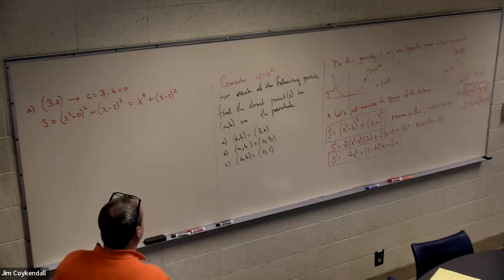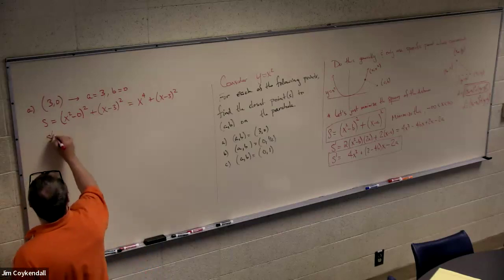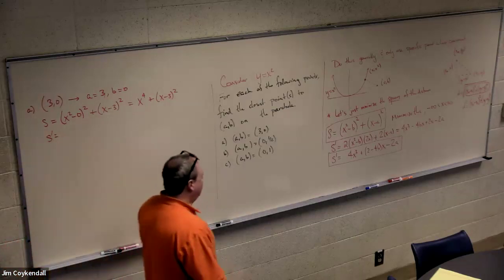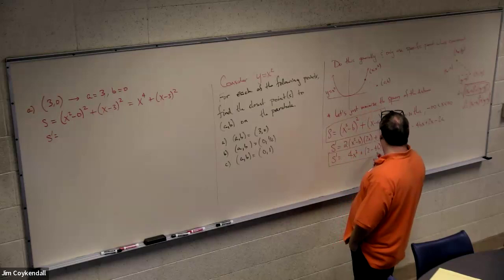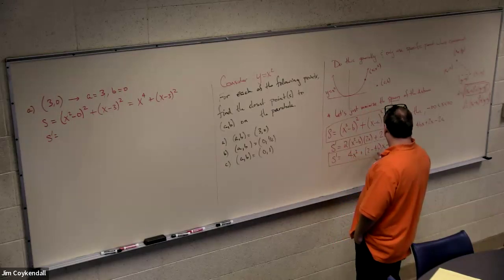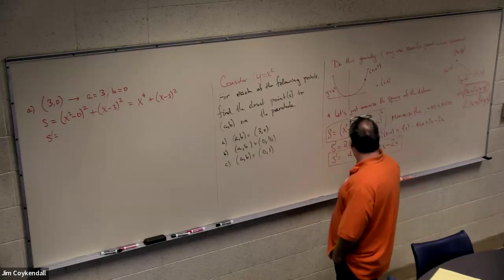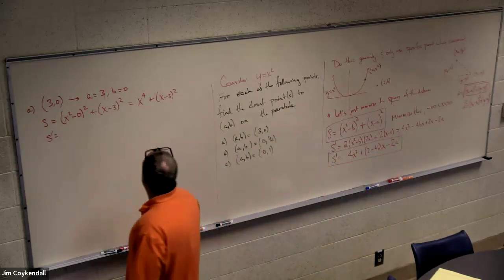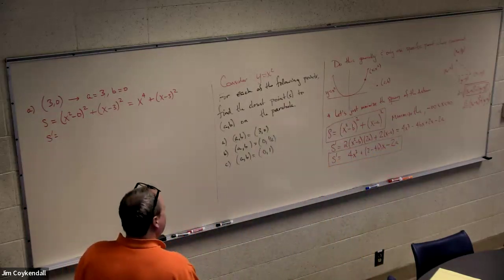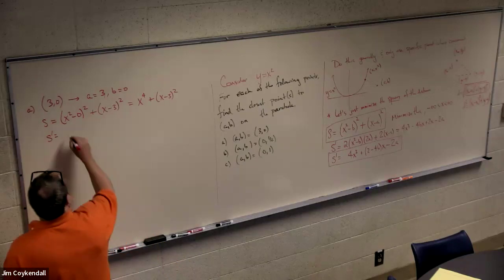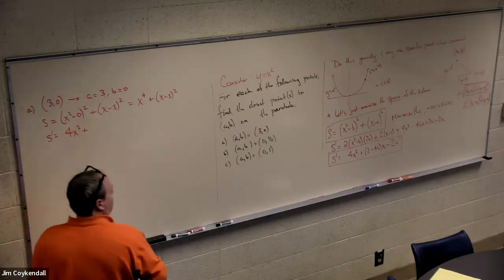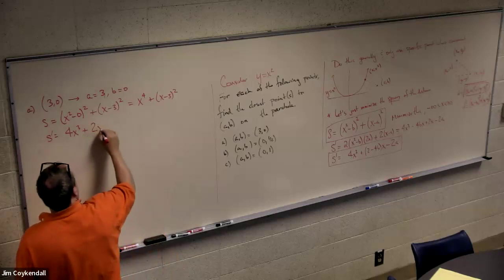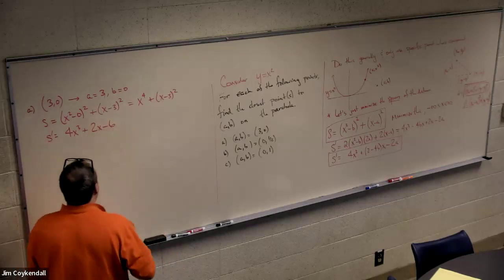And my derivative, again putting in the a and b business, b was 0. So this is 4x cubed plus 2x minus 0, so 4x cubed plus 2x minus 6.